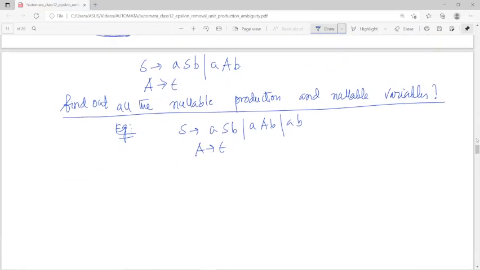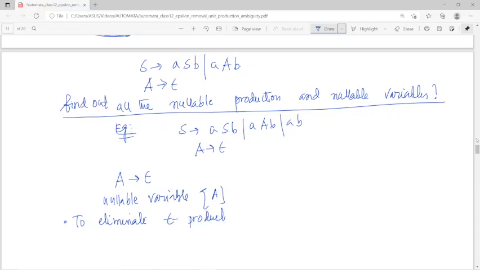In that case, A is producing epsilon, so the nullable variable is nothing but A. To eliminate epsilon productions, we can put epsilon on the right side of the production.